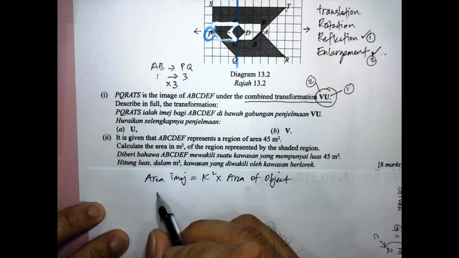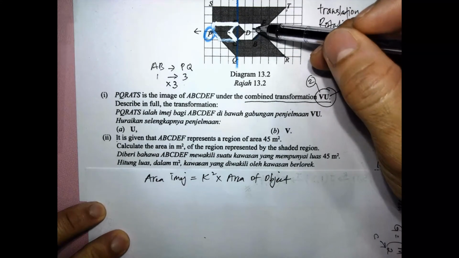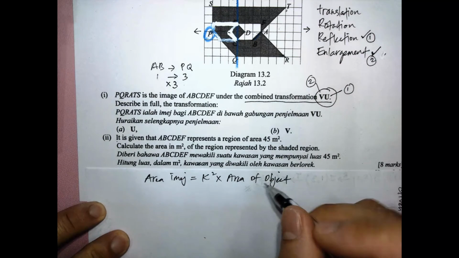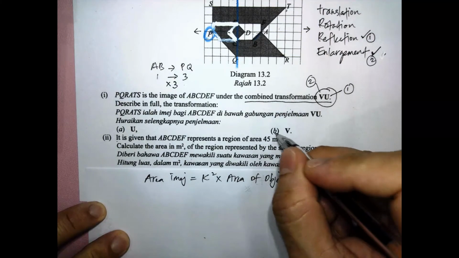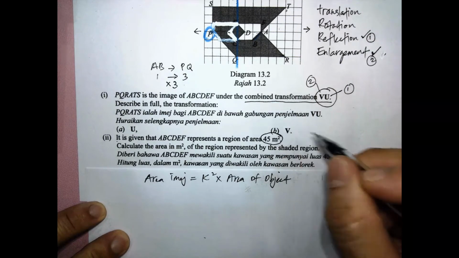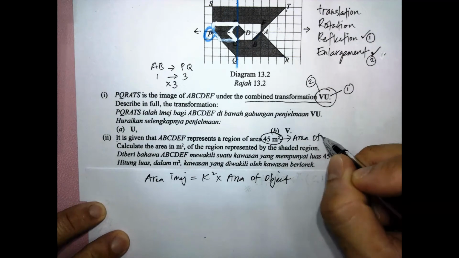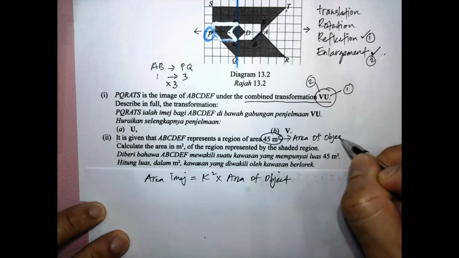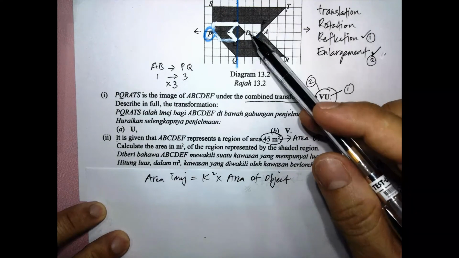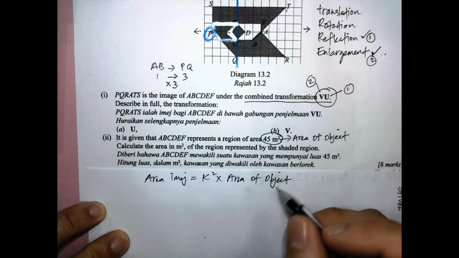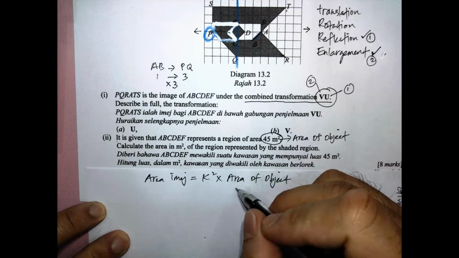So now, ABCDEF is the image. They give you 45. So this one is actually the area of object. So object, you just substitute here into the formula.